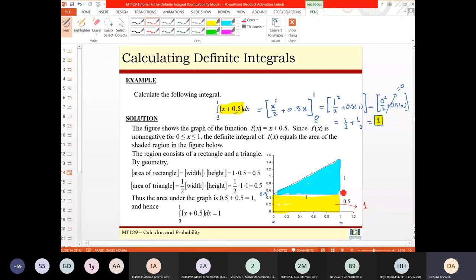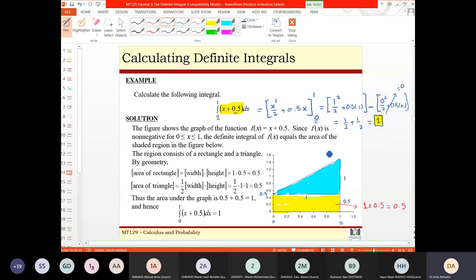Right? And what is its height? Notice that it comes from here, from the middle, so the height is half. So the area is equal to 1 multiplied by half, which equals half. The area of the rectangle is equal to the width multiplied with the height. The width is 1, while the height is equal to half in here.